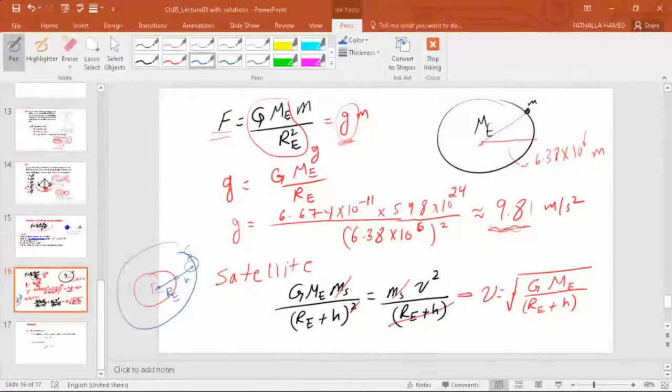That should equal the net force along the center, which is m v squared over r. So it's m_s v squared over R_E plus h, which is the distance between the satellite and the center of the Earth. You can cancel the m_s with the m_s, and you have G M_E over R_E plus h. So your v will equal the square root of G M of the Earth over R of the Earth plus h, and that can give you high speeds.